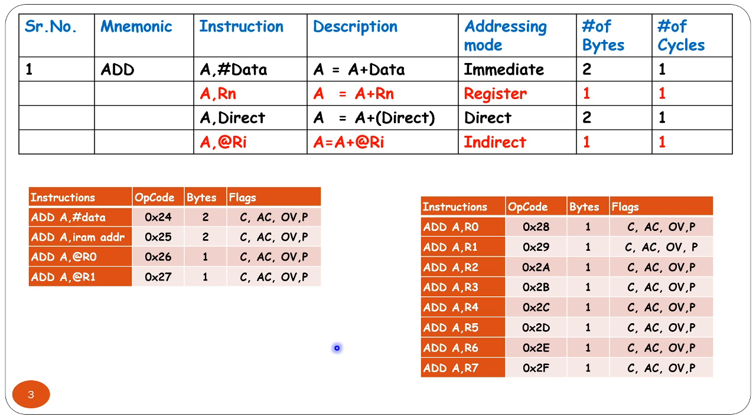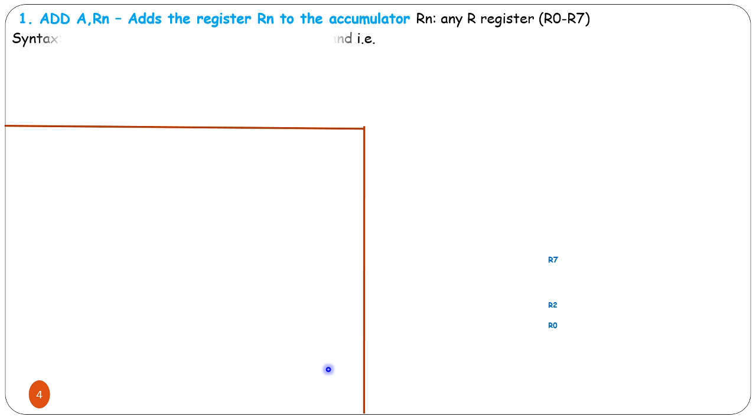So these instructions, their meaning and operation codes are given here. All these instructions need 1 byte of memory to store, meaning each is a 1 byte instruction, and this instruction set uses register addressing mode. So this table indicates this, and these instructions we will discuss in the next slide.